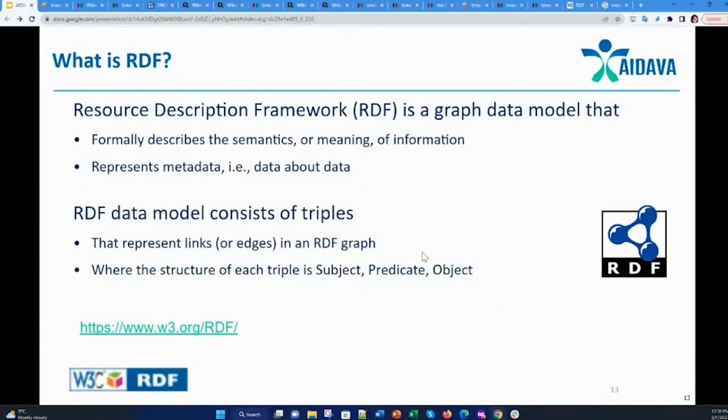To represent information in knowledge graphs, there are different techniques, but the most widely used is the RDF, Resource Description Framework. This is a graph data model.